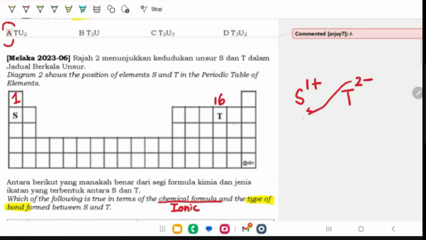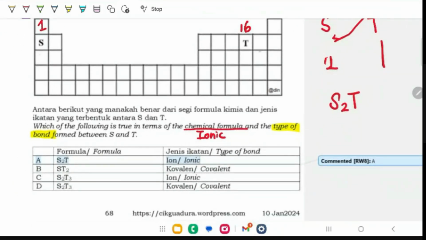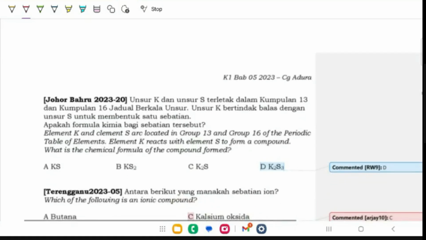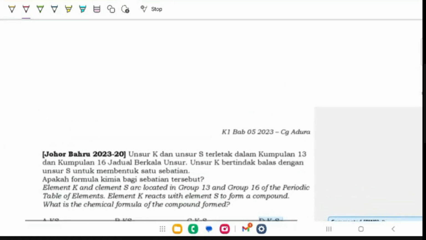So interchange, this one is 1. So it becomes S2T. So S2T ionic. Okay, the answer is A. Correct. Now this question.